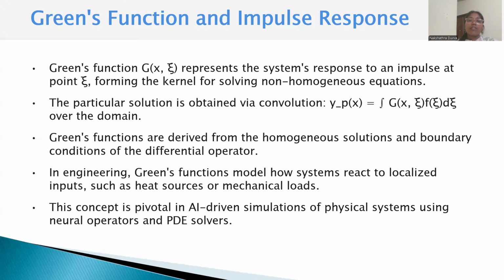Green's functions are derived from the homogeneous solutions and boundary conditions of the differential operator. In engineering, Green's functions model how systems react to localized inputs such as heat sources or mechanical loads. This concept is pivotal in AI-driven simulations of physical systems using neural operators and PDE solvers.